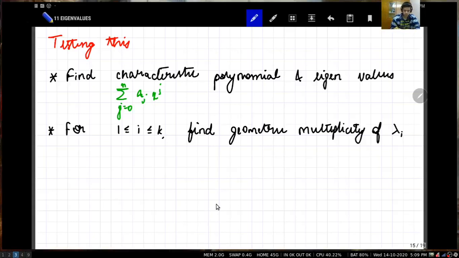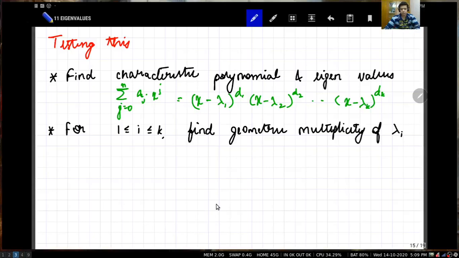The first objective would be to find the roots of the characteristic polynomial, and therefore write the polynomial as (x minus lambda 1) raised to d1 times (x minus lambda 2) raised to d2 and so on, (x minus lambda k) raised to the dk. So the first goal would be to write the characteristic polynomial in this form, and this gives us what the eigenvalues are and also what the algebraic multiplicities are, right?